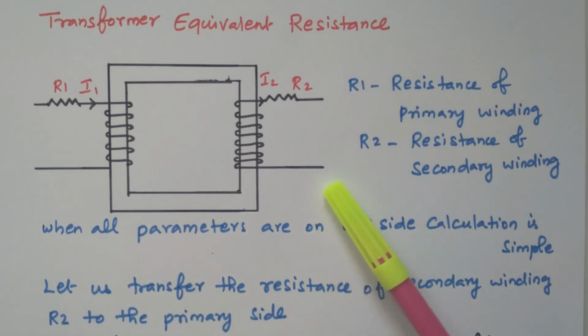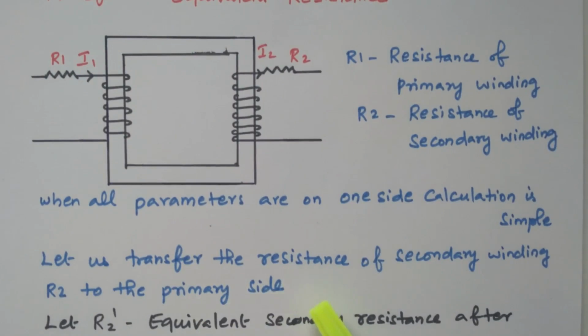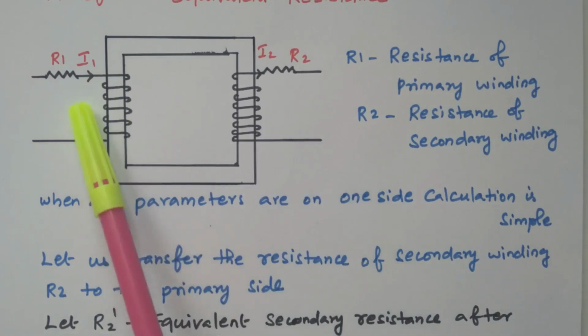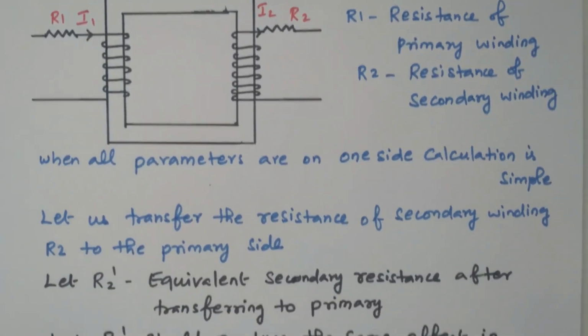Not only resistor, we can transfer resistor, current, voltage, everything from one side to the other side. Let us transfer the resistance. In this we will see the resistance of secondary winding R2 transferred to the primary side. At that time, what is the equivalent resistance that we are going to obtain?